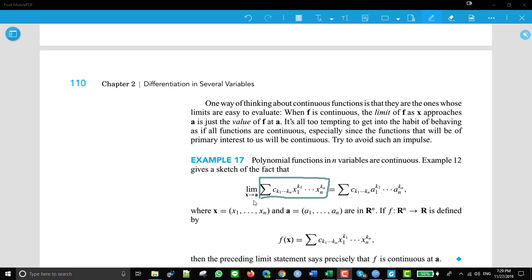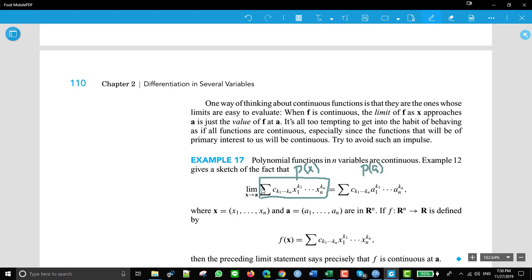We sort of showed anyway earlier that the limit as x approaches a of the polynomial is just equal to, you can just put in the components of a for the components of x. So that's exactly what we need for continuity, because what we're saying is the limit of the polynomial as x approaches a is just equal to p of a. If this is p of x, and I mean x is vector x, this is just p of a.